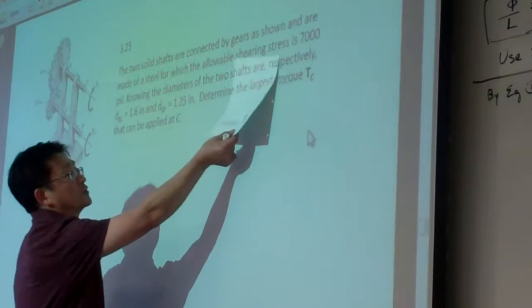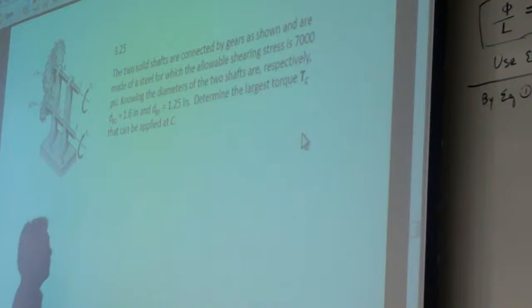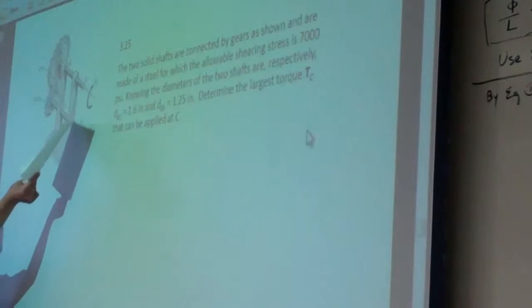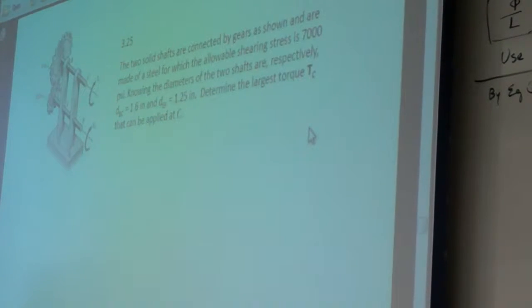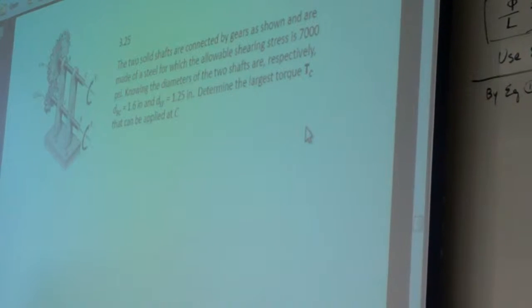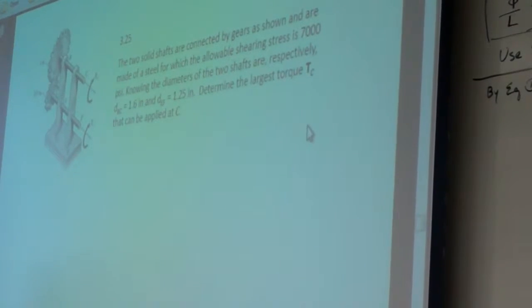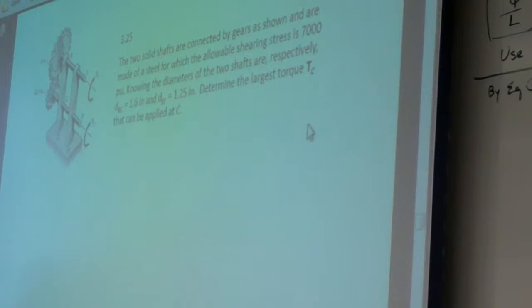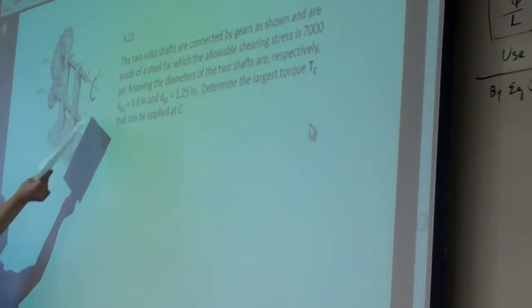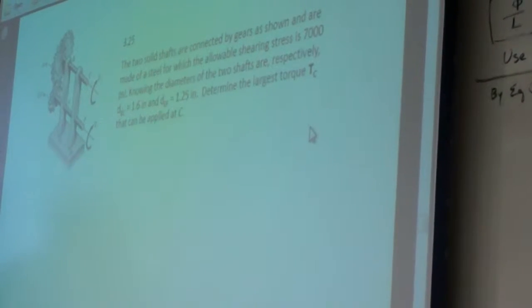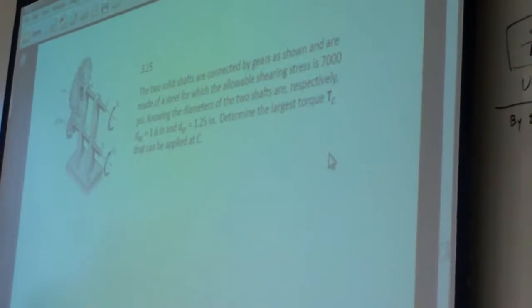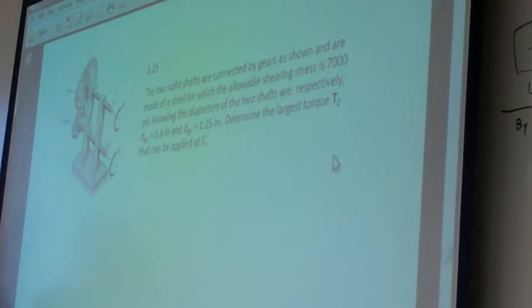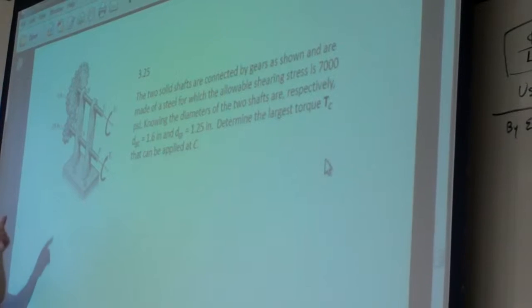The allowable shear stress is 7 KSI, so for both shafts, the maximum shear stress shouldn't exceed 7,000 PSI. Using that criterion, we will find the appropriate value of TC. Or vice versa, if we know TC, we can also calculate TF. But for this question, we find TC.